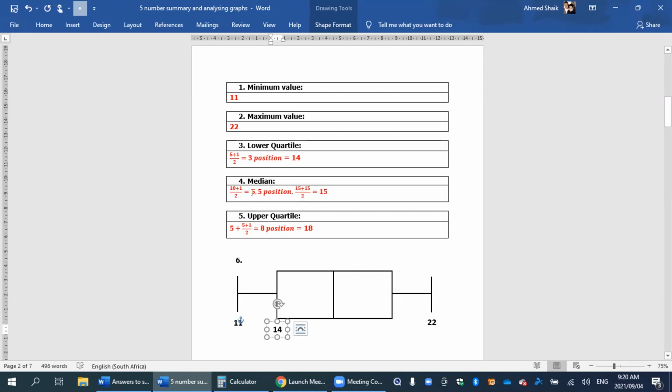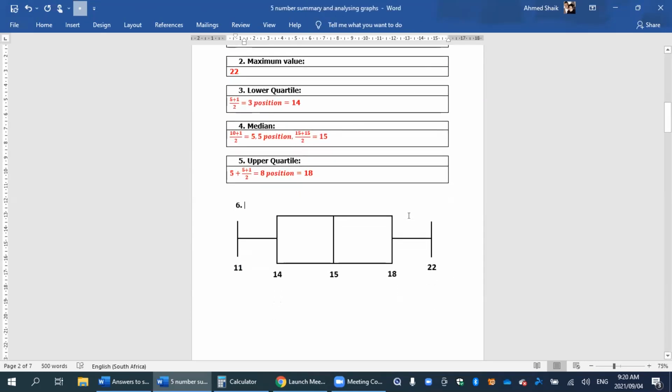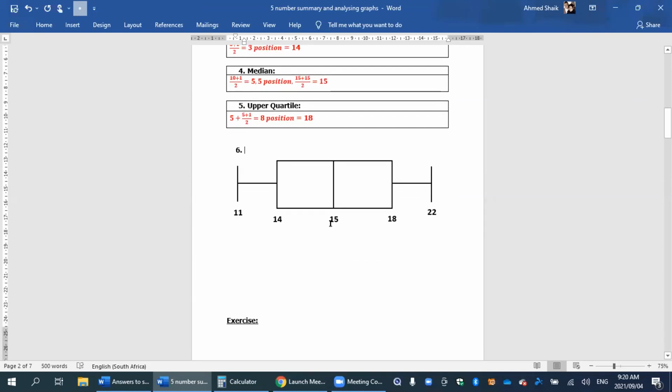Then we had the median, which is Q2, and that should equal 15. And lastly, Q3, our upper quartile, which we calculated to be 18. And that, boys and girls, is basically a box and whisker plot.